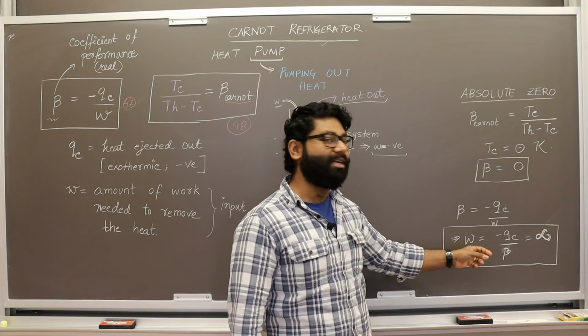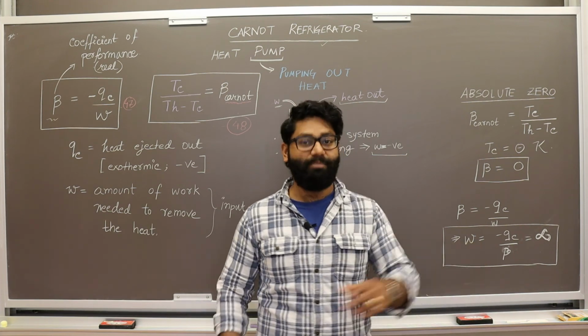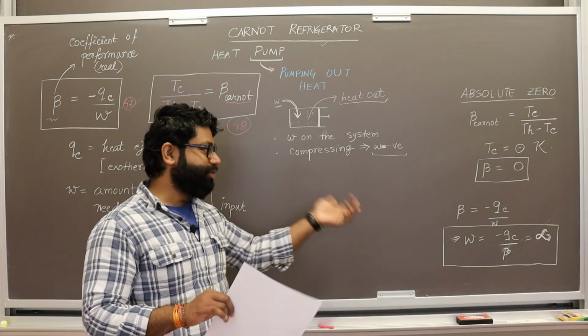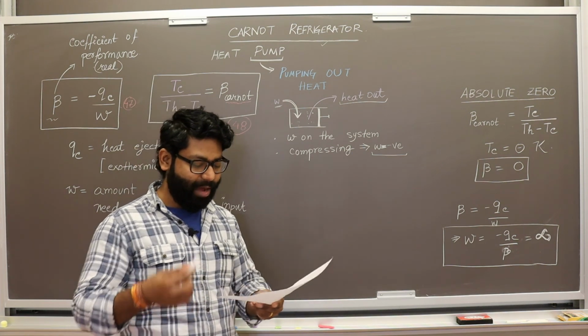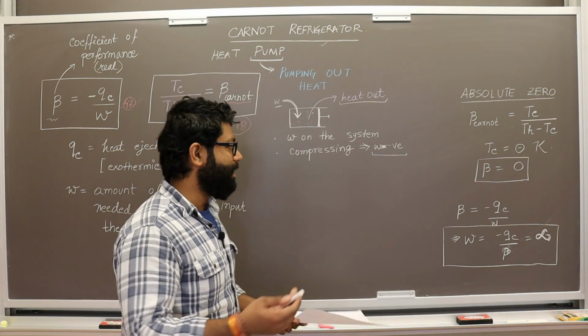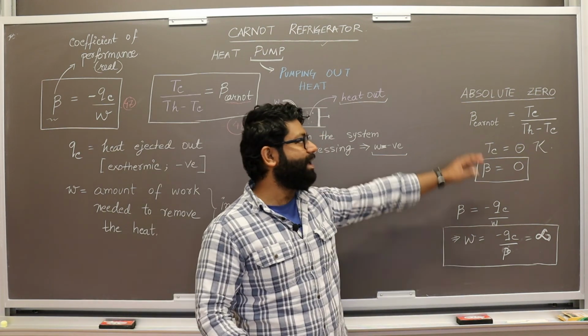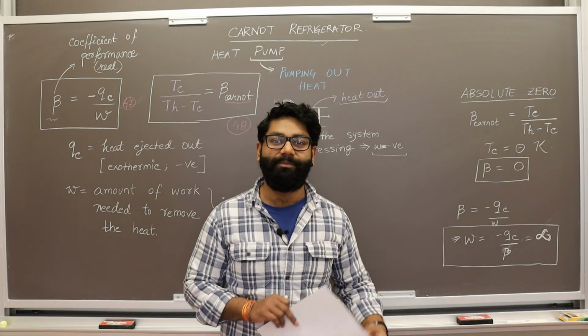And since an infinite amount of work is not possible, you cannot get to 0 Kelvin. And so that is the whole idea about absolute zero. We cannot do an infinite amount of work, and that is why you cannot get to absolute zero.